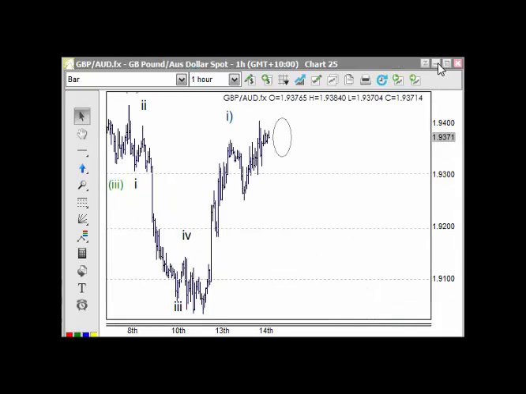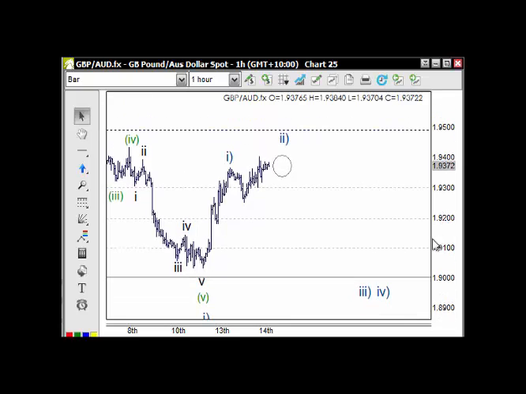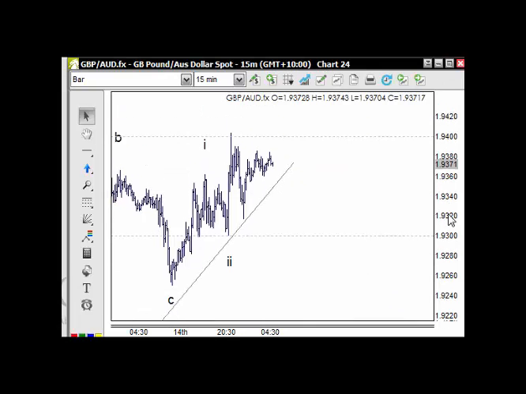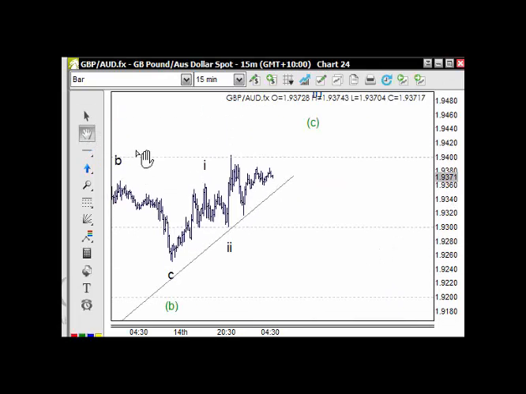So with that in mind, this can be wave 1 to the upside, or it can be an A and a B and a C for the upside for wave 2 here. It just depends on which way you look at it, unfortunately.